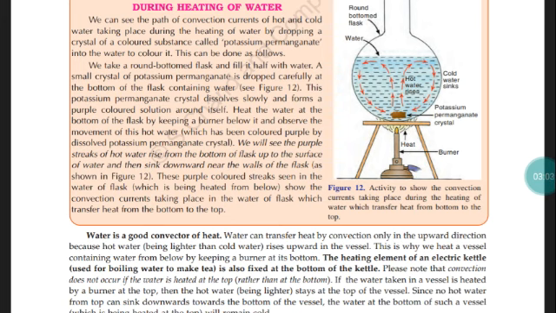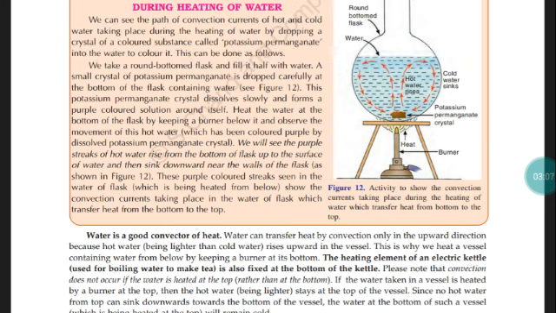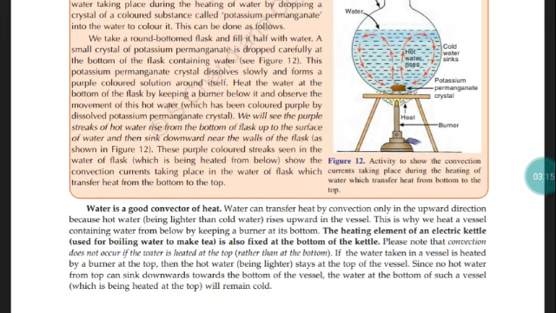So, see, they have dissolved the potassium permanganate, and it dissolves slowly and forms a purple color solution around itself. Now, the next process is to heat the water. See, they have heated the water at the bottom of the flask by keeping a burner below it.